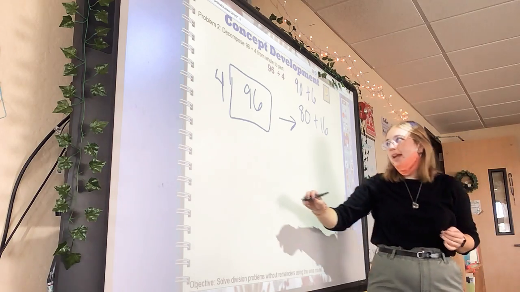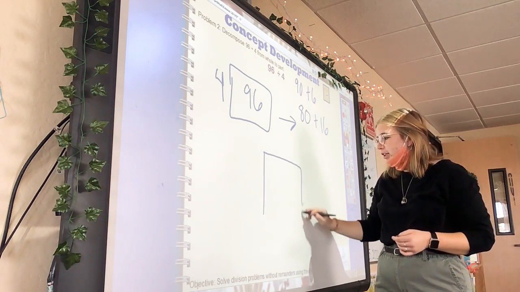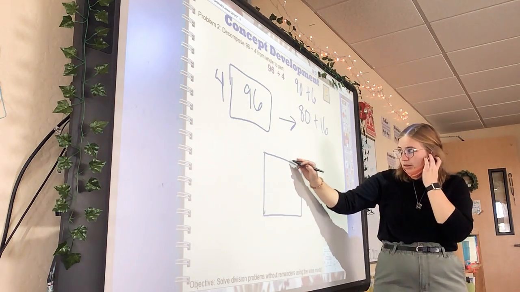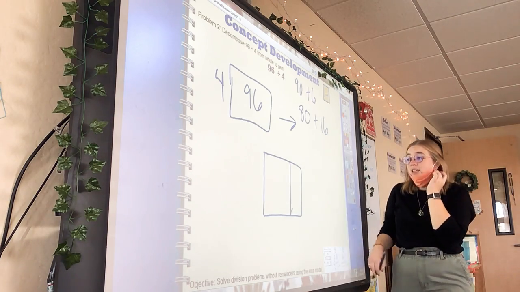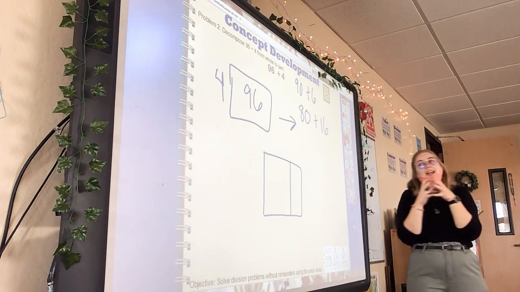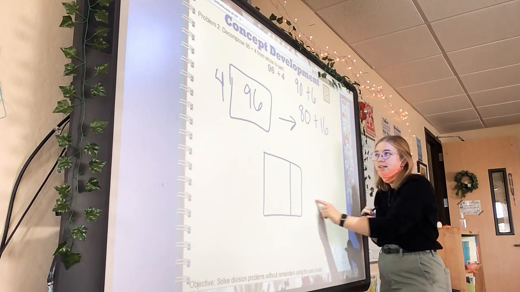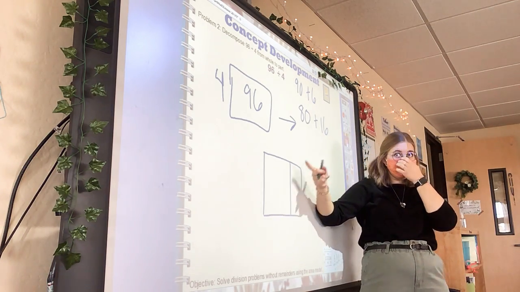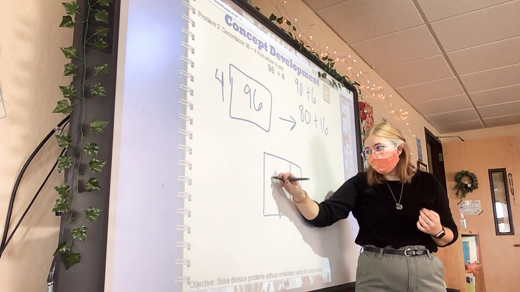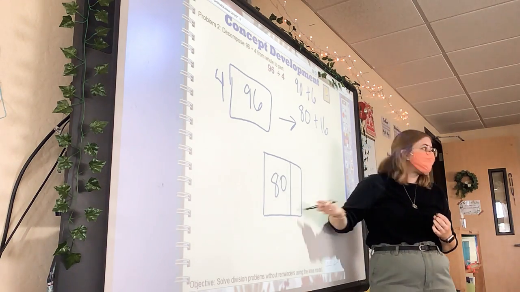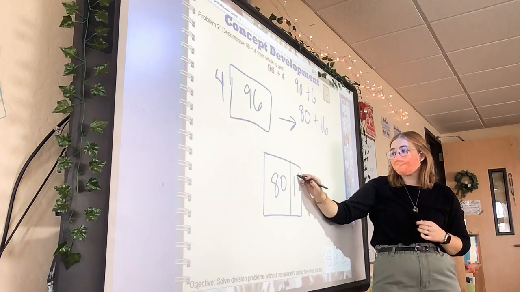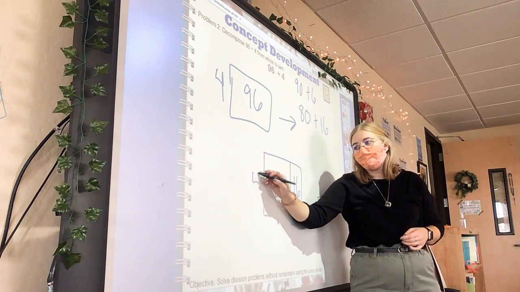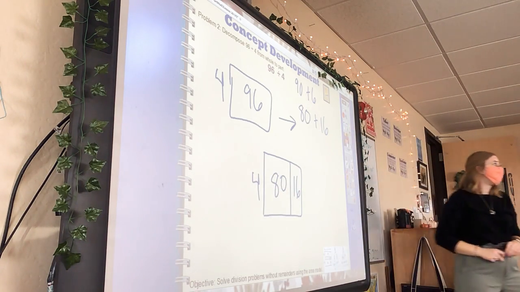So then, from there, my area model, you guys can write this down now. It's still 96. The area is still 96 on the inside of all of this. However, the bigger part is going to be what now? 80. And what's the smaller part? 16. Good. Divided by 4. Go ahead and write that down.